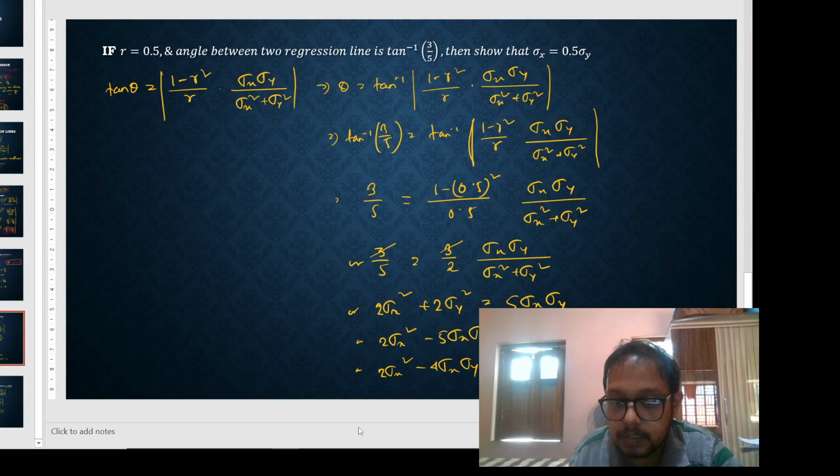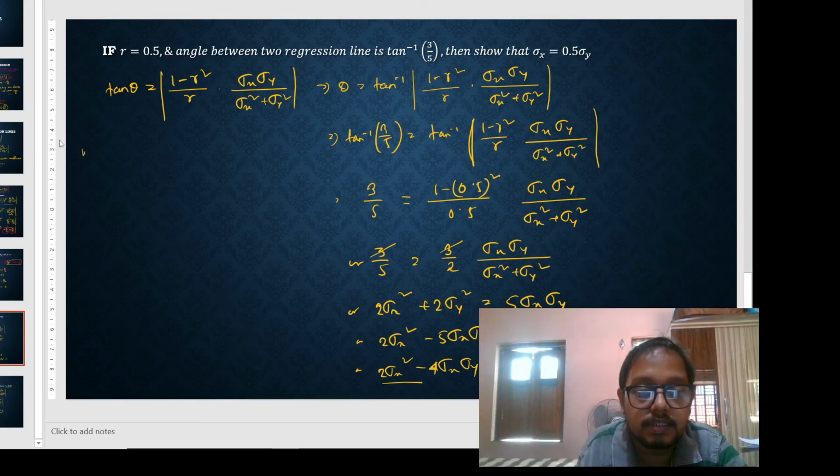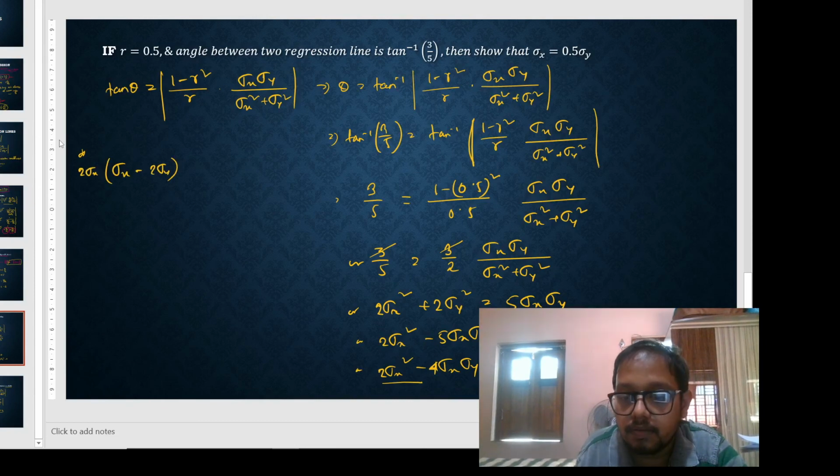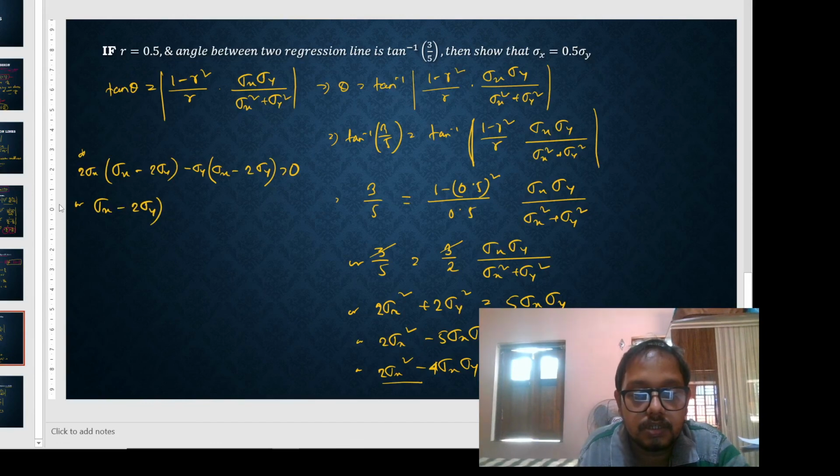Okay, so now if we simplify from here, we can take 2 sigma x common: sigma x minus 2 sigma y, and if we take common from here minus sigma y, that is sigma x minus 2 sigma y, is equal to 0. And so now from here we can write that sigma x minus 2 sigma y into 2 sigma x minus sigma y is equal to 0.